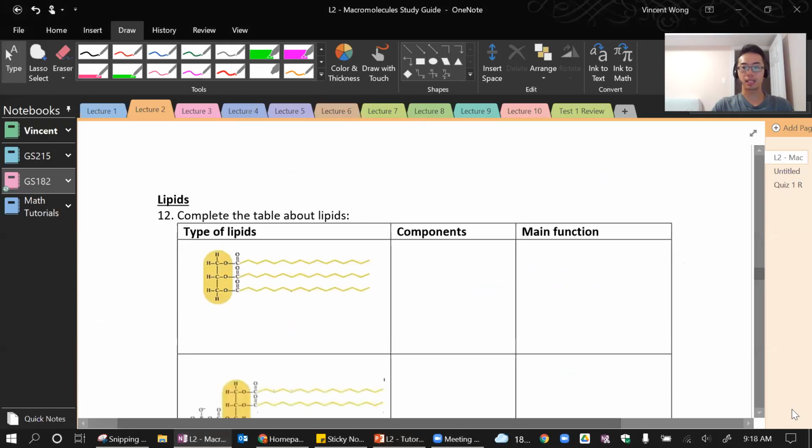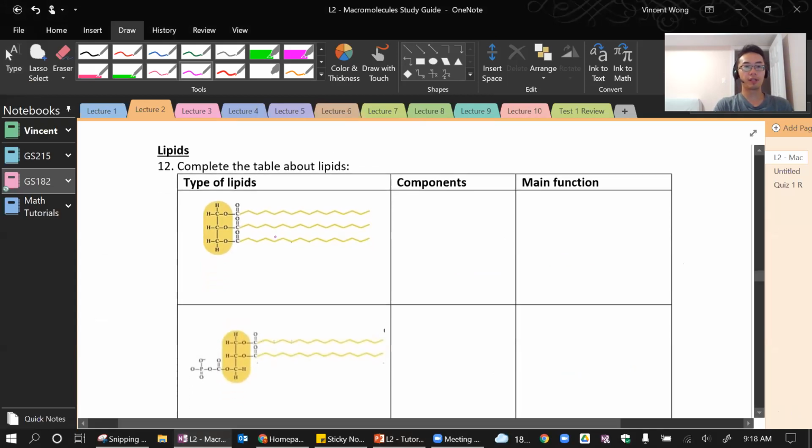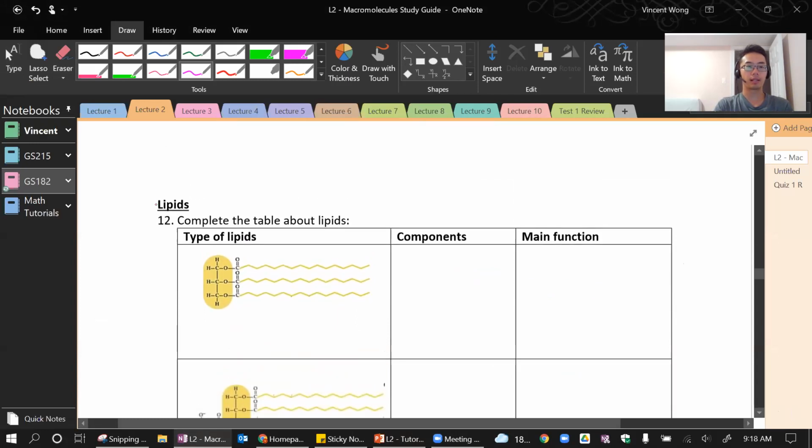Okay, next we have lipids. Lipids, what's going on with lipids? Now, lipids is a little bit different, and I think I should write this down for you, okay?